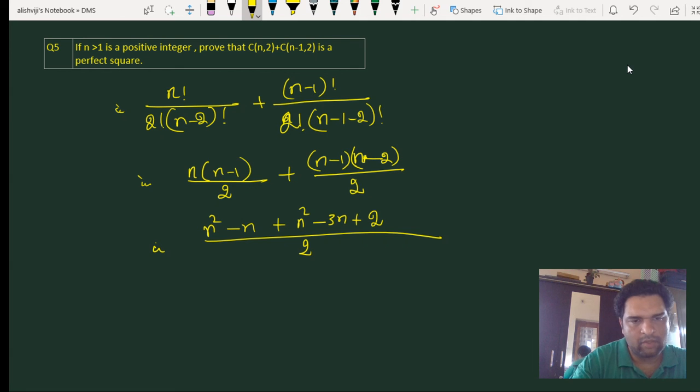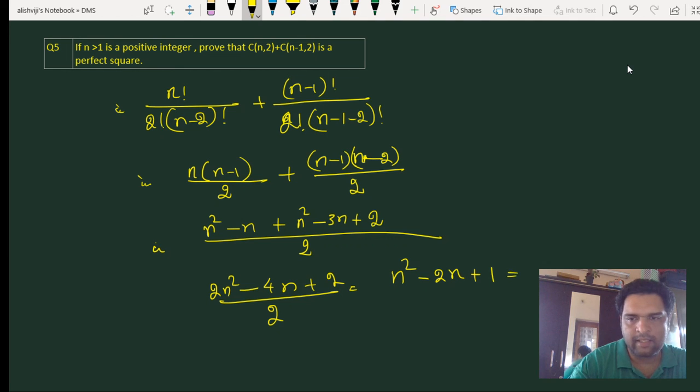Combining, we get 2n square minus n minus 3n, that is minus 4n, plus 2, divided by 2. Taking 2 as a common factor and cancelling with the 2 in the denominator, we have n square minus 2n plus 1.